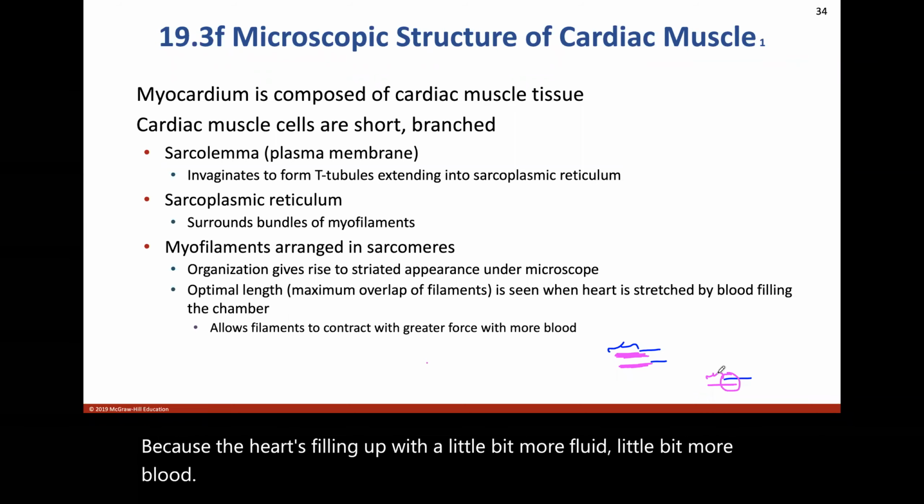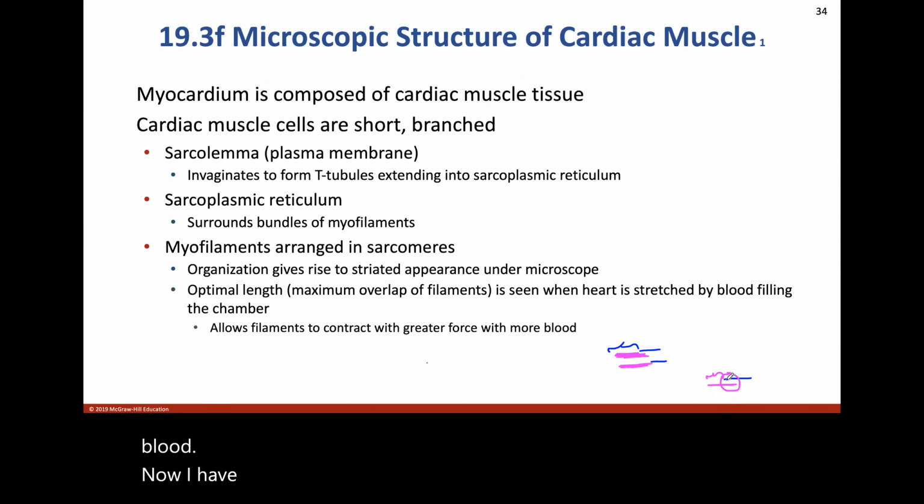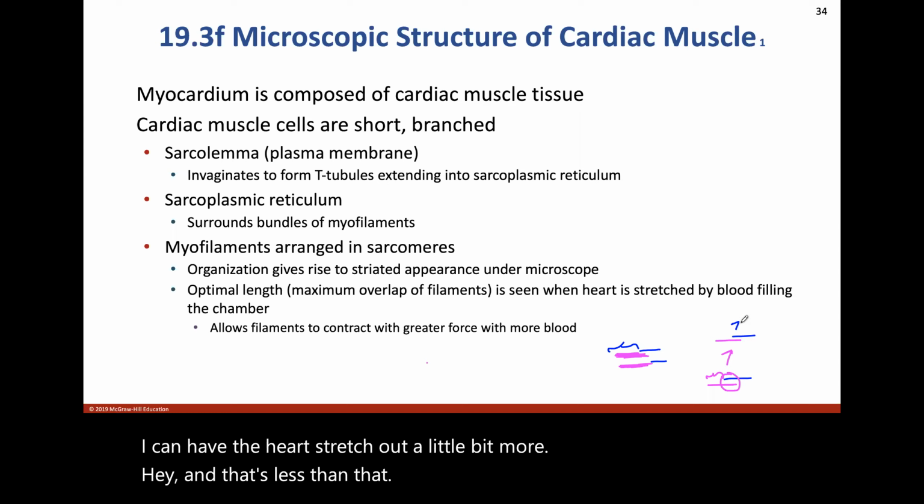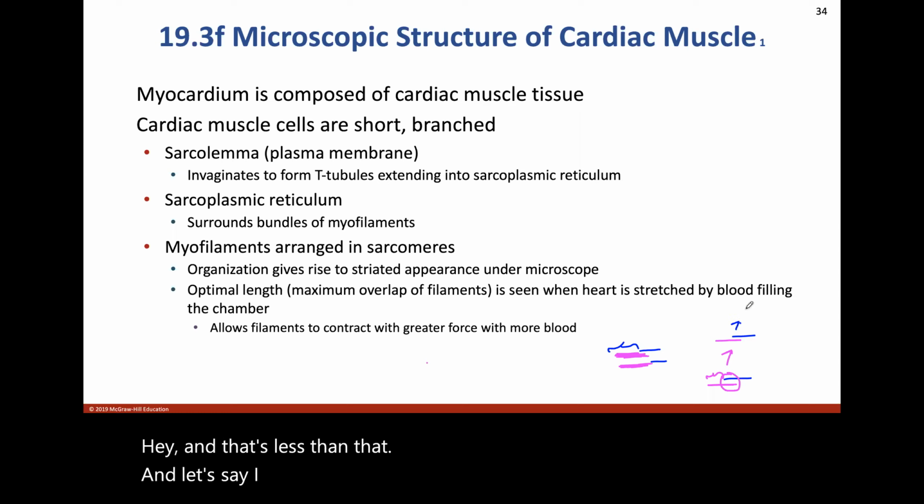Well, now I have it built in to where, if I have a little bit of overfilling, okay, I can have the heart stretch out a little bit more, okay, and that's less than that. And let's say I have even more overfilling of the heart.